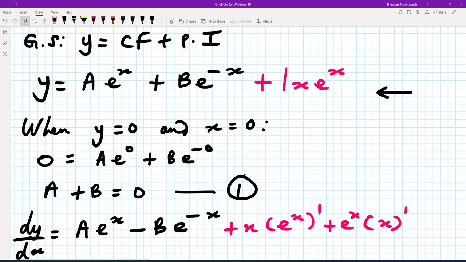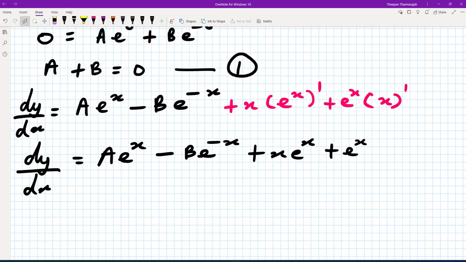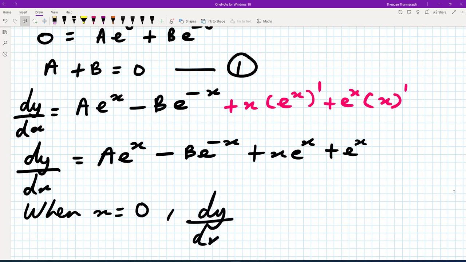So now I've differentiated my function, I can say that we know that when x is 0, dy by dx is 0, because they've given these boundary conditions in the question here.